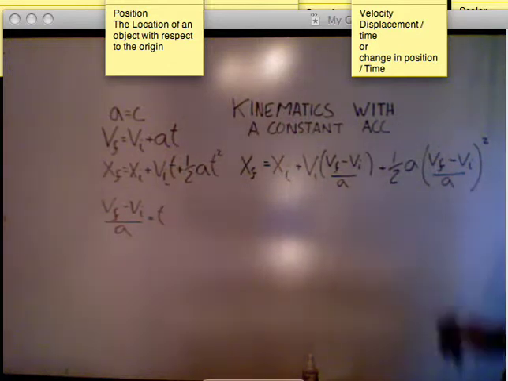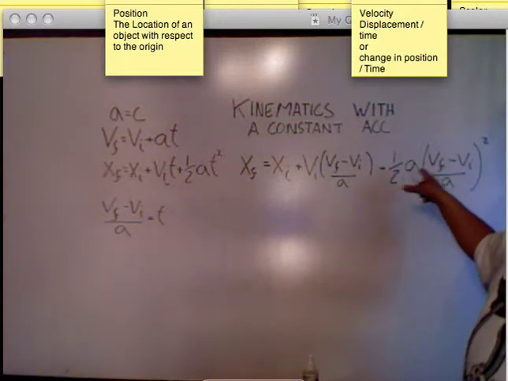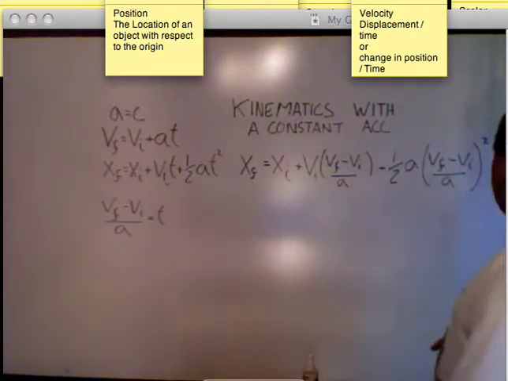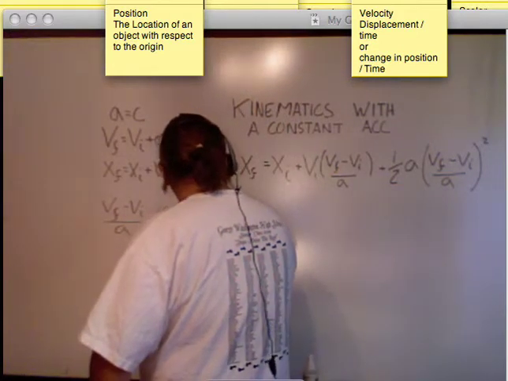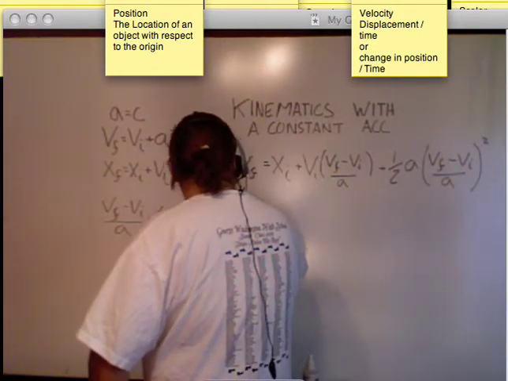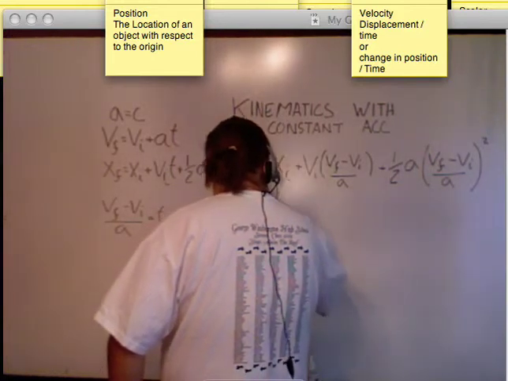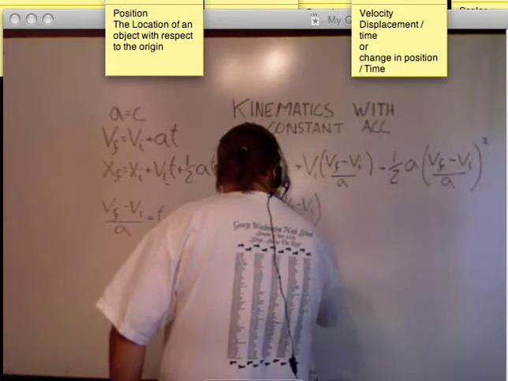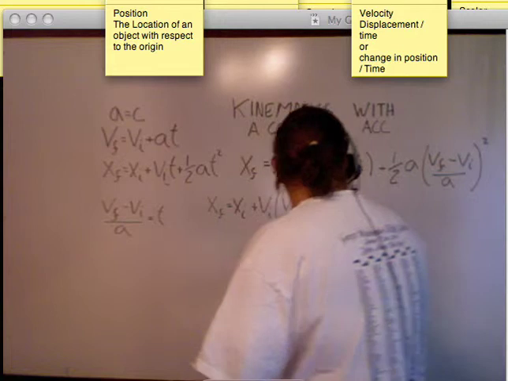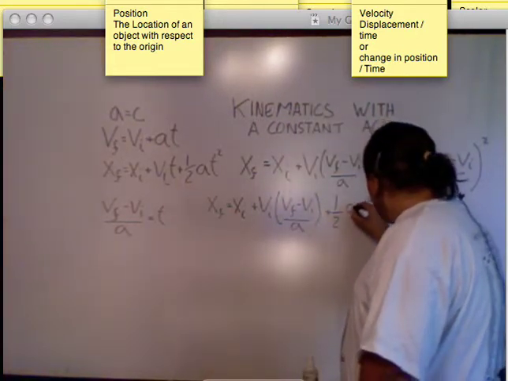Next thing I'm going to do is FOIL this out. I'm going to move this around so I can simplify this a little bit better. So that means I get x final is equal to x initial plus, didn't change this one at all. I will in a second, but I'm not going to do it right now, over a plus 1/2 a.